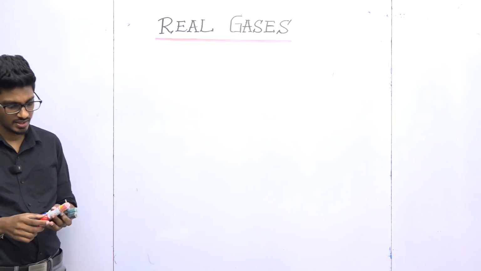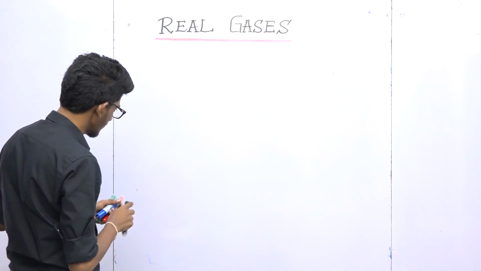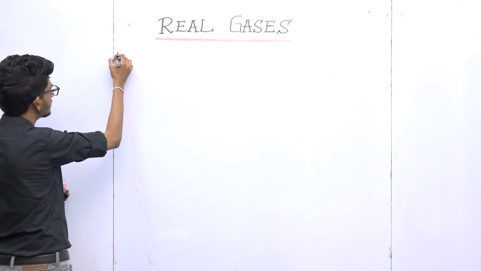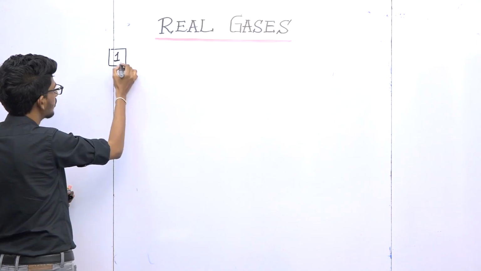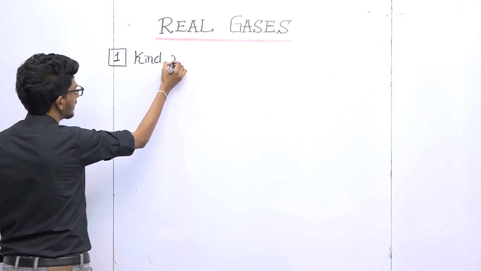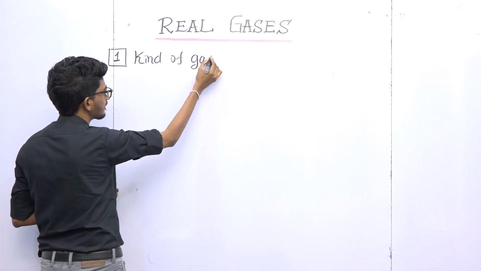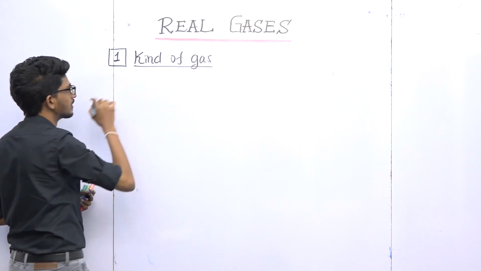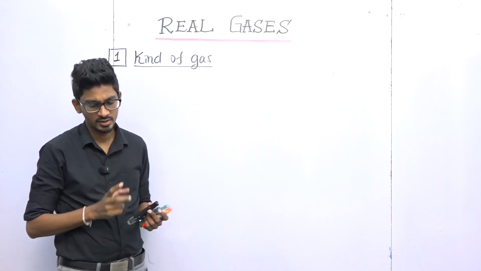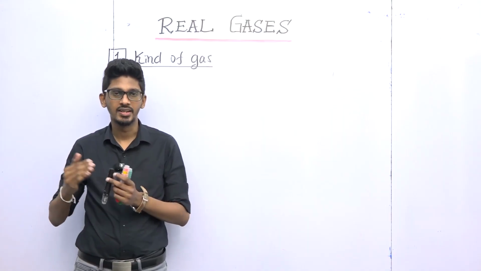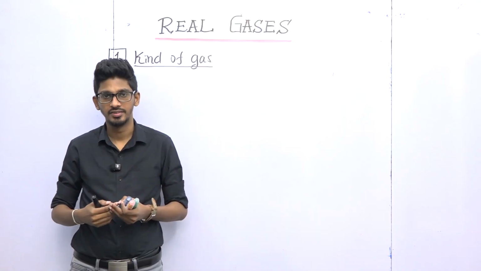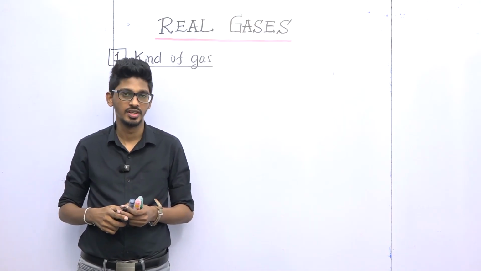The first factor we are going to discuss here is the kind of gas. This is how it will affect the compressive factor. Let's discuss at low pressures and at high pressures how the compressive factor will be affected by the kind of gas, or by the presence of intermolecular interactions of those gases.